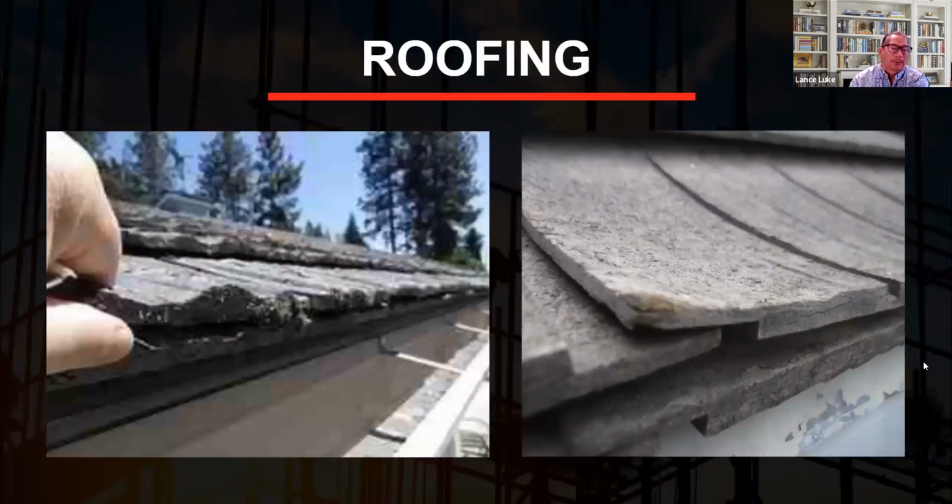Now, roofing, remember I talked to you about the siding that was composite wood, it wasn't solid wood? The same with roofing. They made the roofing shingles pretty much the same way. It's molded to look like a solid wood shingle, cedar shingle or shake.